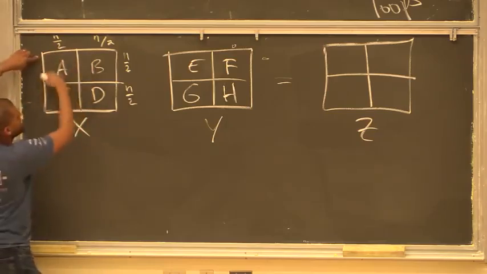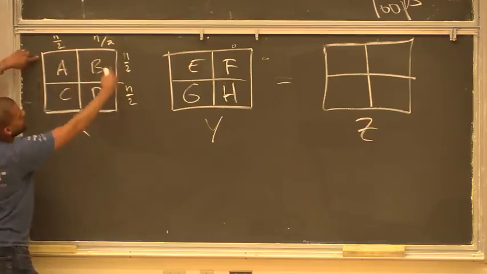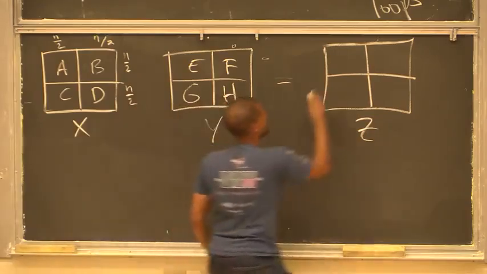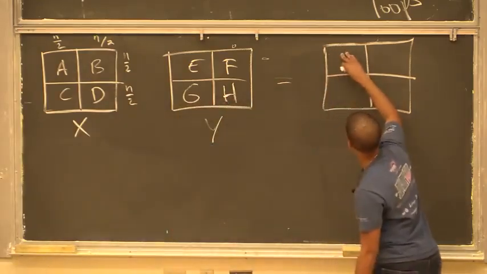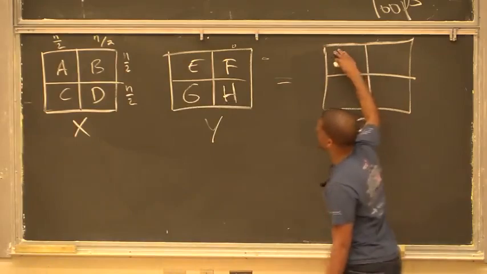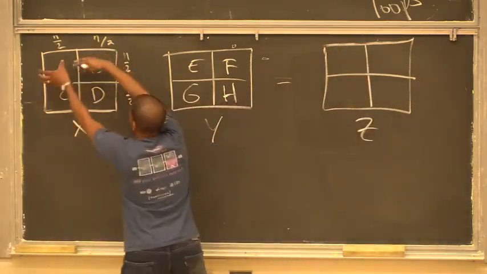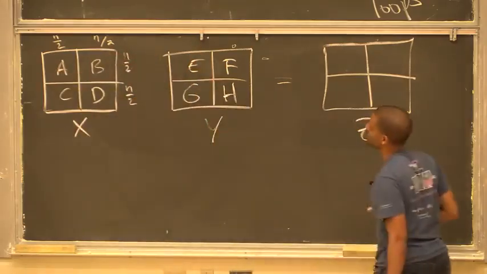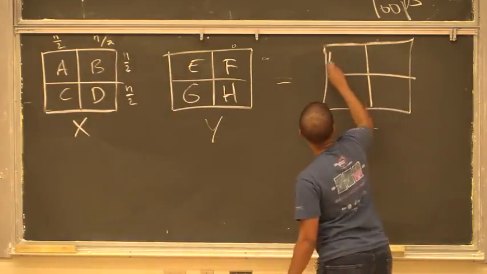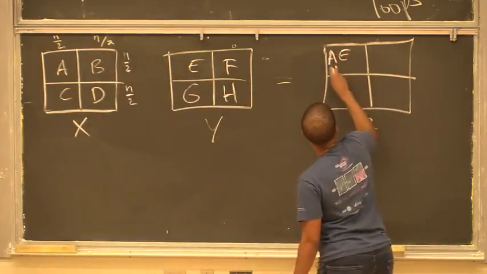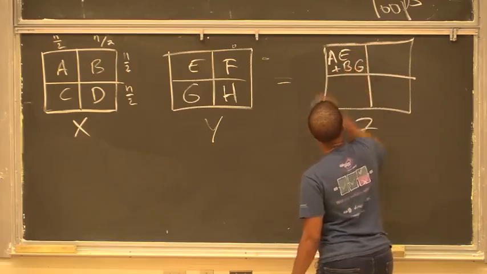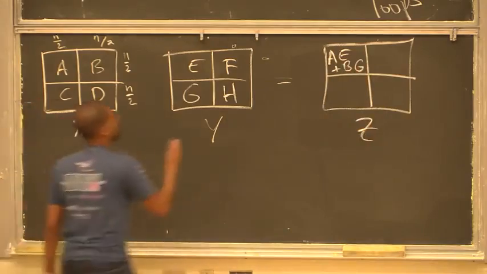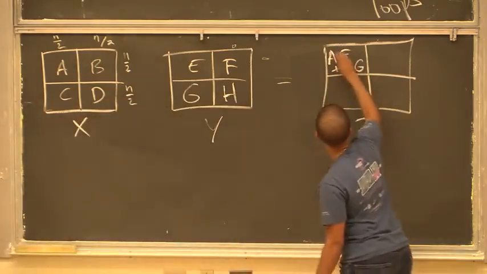Meaning, you take this collection of rows and dot it with this collection of columns, and you get something like AE plus BG. So the upper left block here is the dot product of the first block of rows with the first block of columns. Okay? And that's going to be AE plus BG. And just to be clear, there's a product here, right? You're multiplying these things.